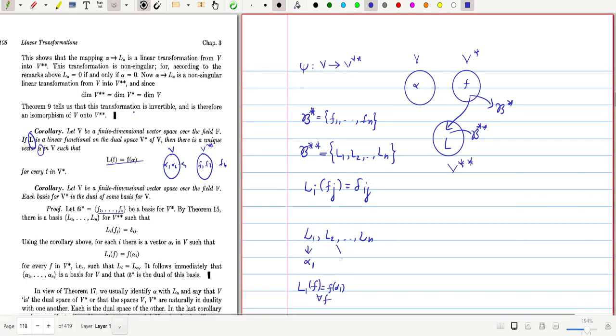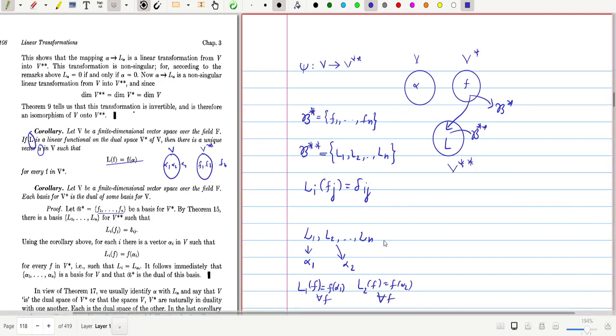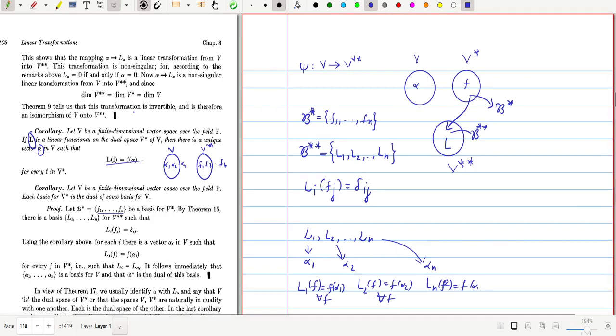Similarly, corresponding to L2, you can get alpha 2 such that L2 of f is equal to f of alpha 2 for all f belonging to V star. In a similar way you can construct an element alpha n such that Ln of f is equal to f of alpha n for all f. So this is by the first corollary.